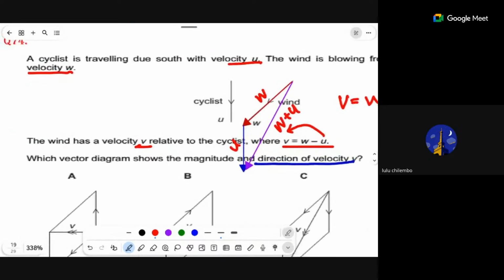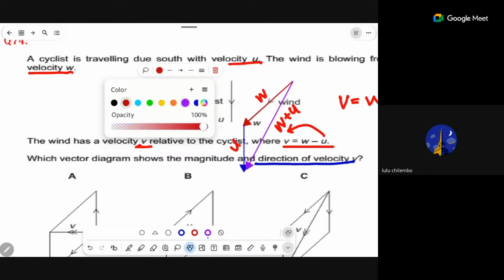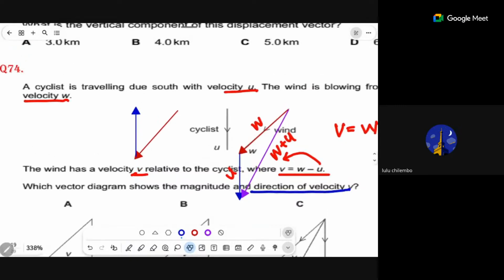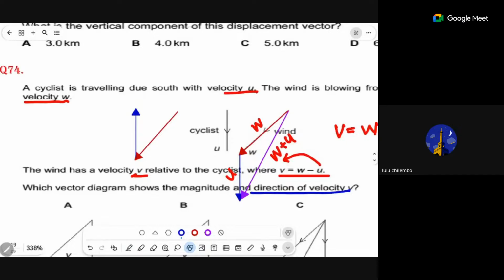But now if I do the same thing this way, I have w in this direction. I will change the colors accordingly. This is w and u is downward, but I have to add the negative u, so I have to draw a negative vector here. Now what will be the resultant? Can anybody tell me?